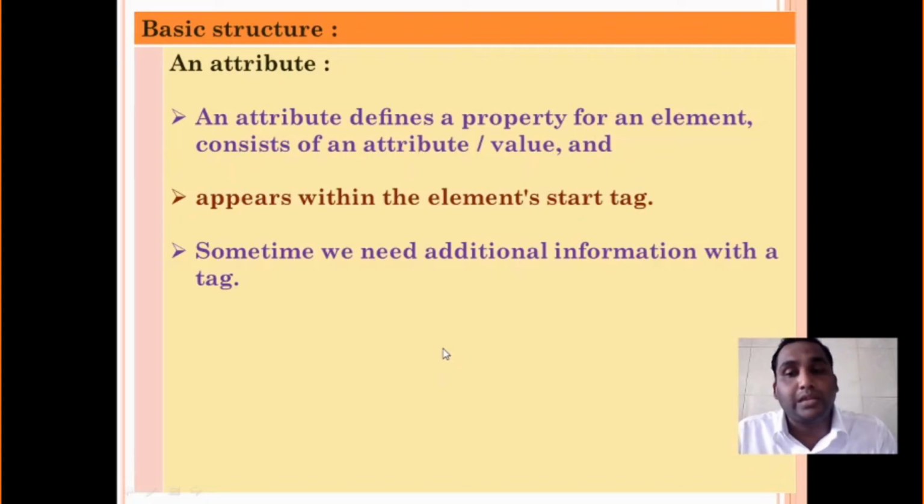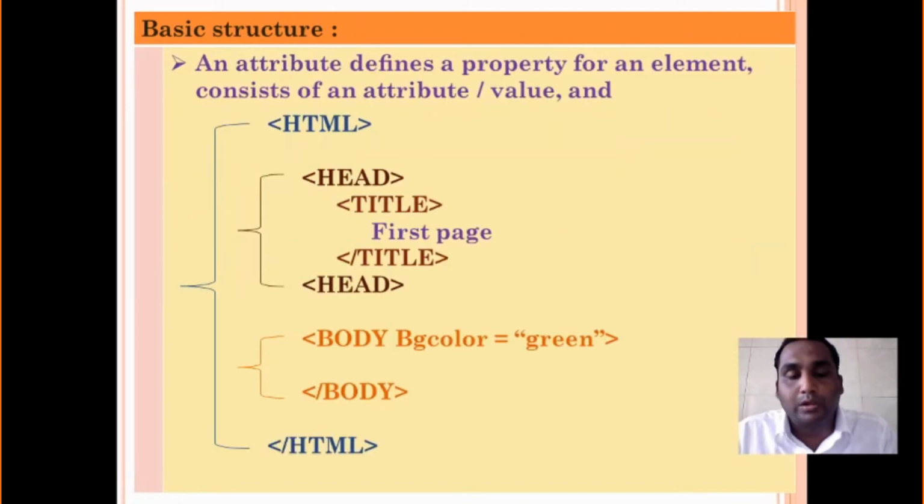Sometimes we need additional information with a tag, and this additional information is given with the help of the attribute. Now in this example, additional information to a body tag is that the color of the body should be green. So BG color is said to be an attribute, and green is the value given to that attribute.